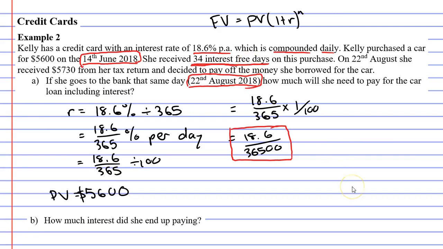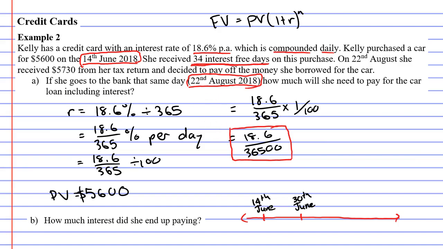So I'm going to use kind of like a timeline below, and that's going to help me work this out. So we've got to mark some parts on here. We've got the 14th of June. Now, June has 30 days in it, so I'm going to also mark over here the 30th of June.